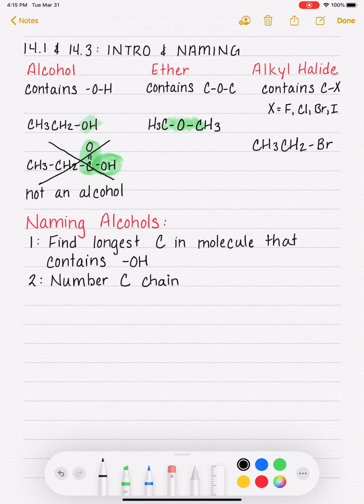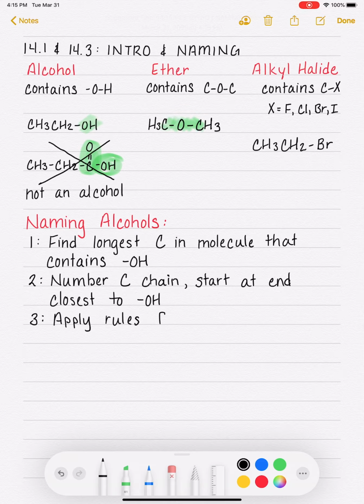So we're going to number the carbon chain starting at the end that is closest to the OH of the alcohol. So that rule hasn't changed. And then what we're going to do is apply all of our normal rules for any substituents that might be on the molecule.